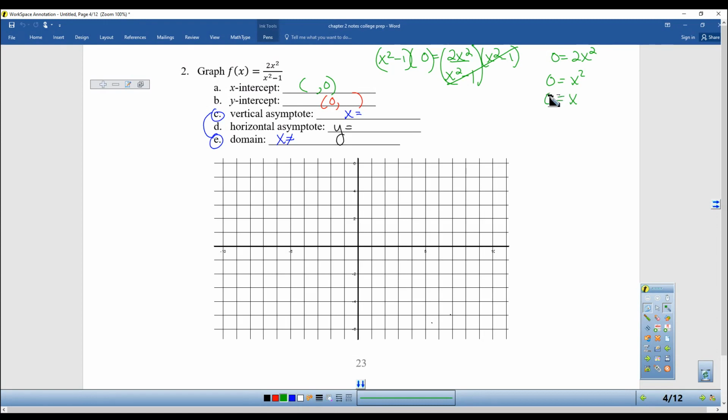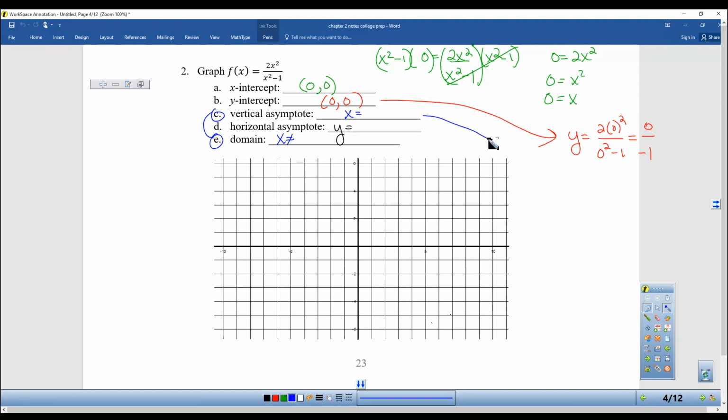I'm sure you can see right away that x is equal to 0. Y intercept, plug in 0 for x. So y is equal to 2 times 0 squared minus 1 is 0 over negative 1. Notice not 0 over 0. You can't have a 0 in the denominator. So it's equal to 0.